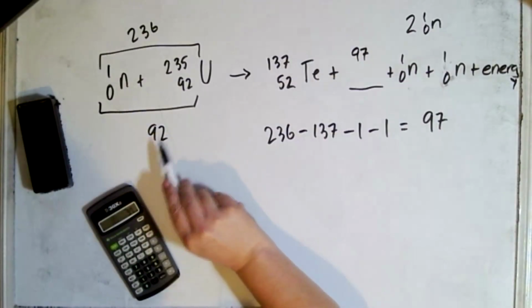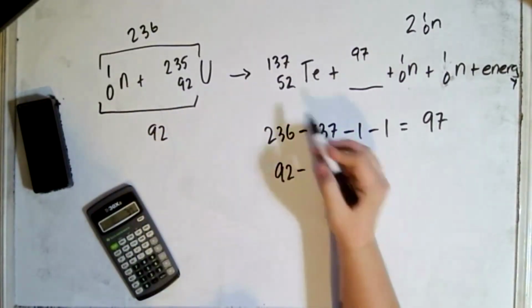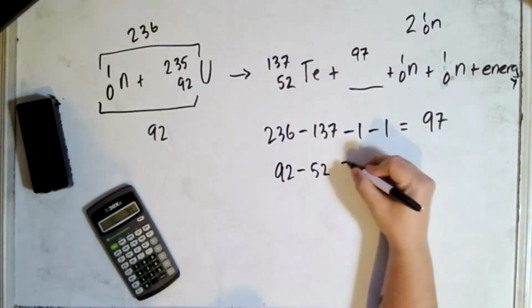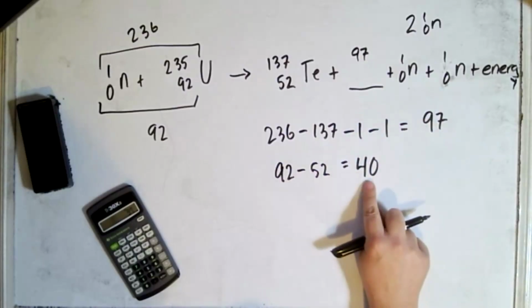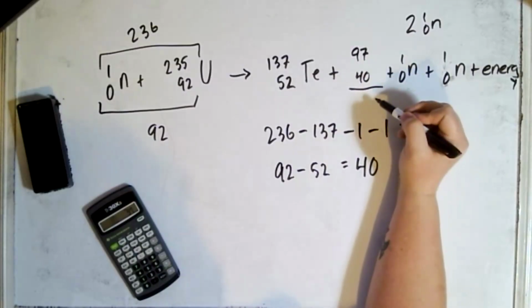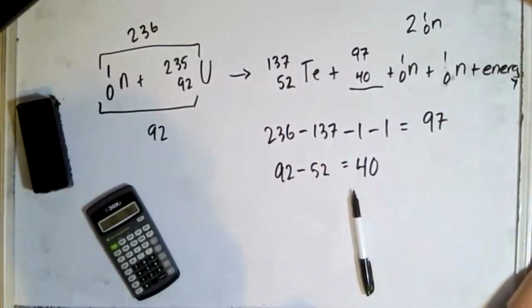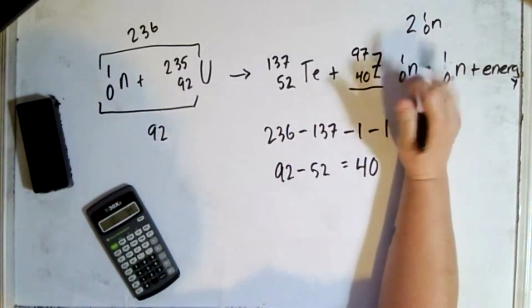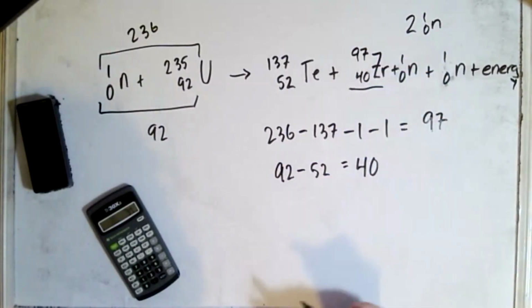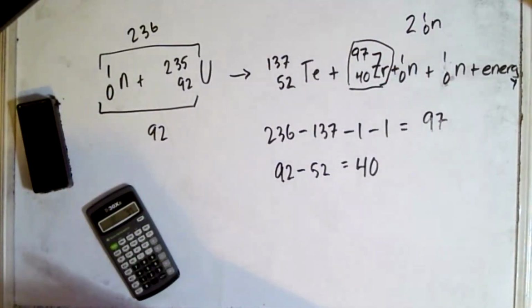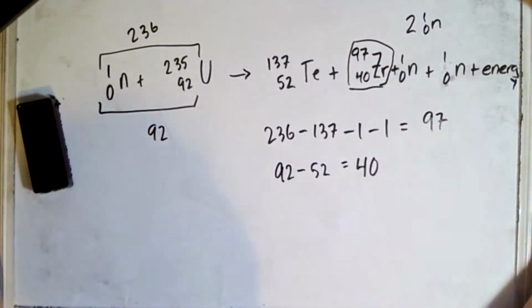And now for our atomic number, we have 92. We're going to subtract 52. These are zeros, so they're not going to affect us. So we have a 40. And then we look at 40 on our periodic table, and we see that it's Zr, zirconium. That's our missing particle. It's the same exact thing that we did with our earlier nuclear equations.